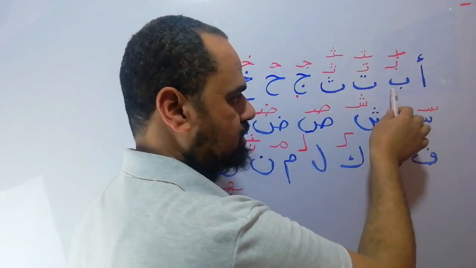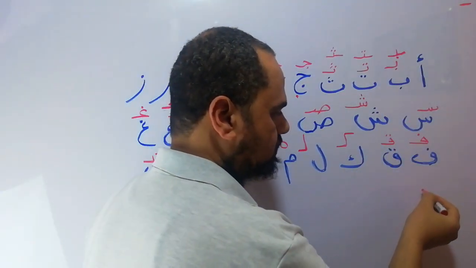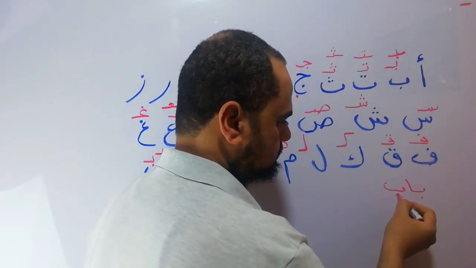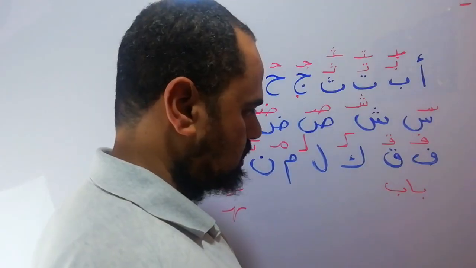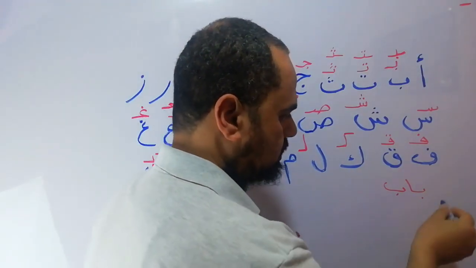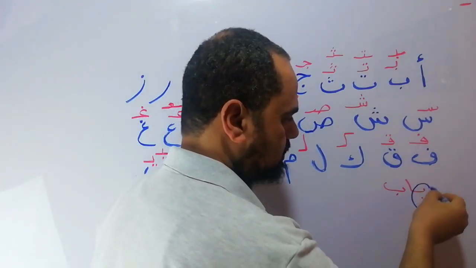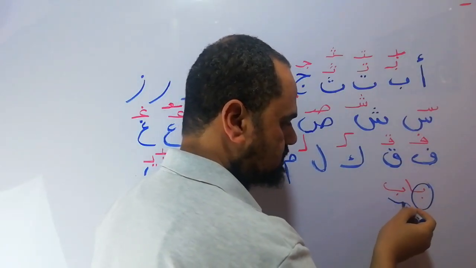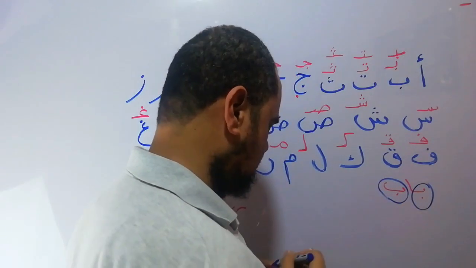Al-ba, for example, you will find it this way. Now it's at the beginning, it took that shape, and at the end it took that shape.